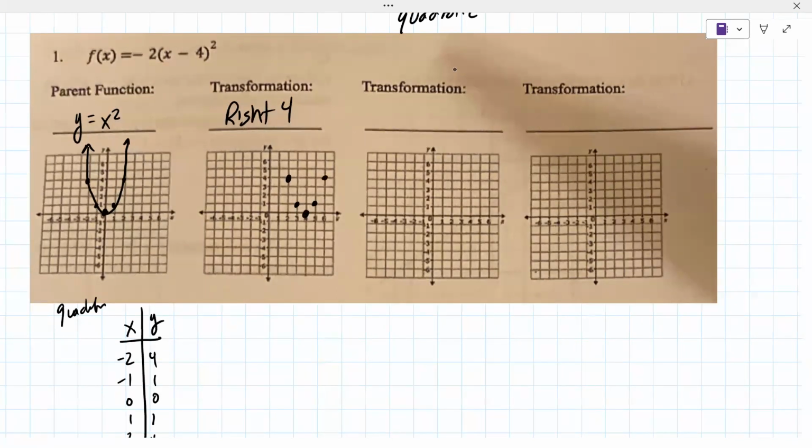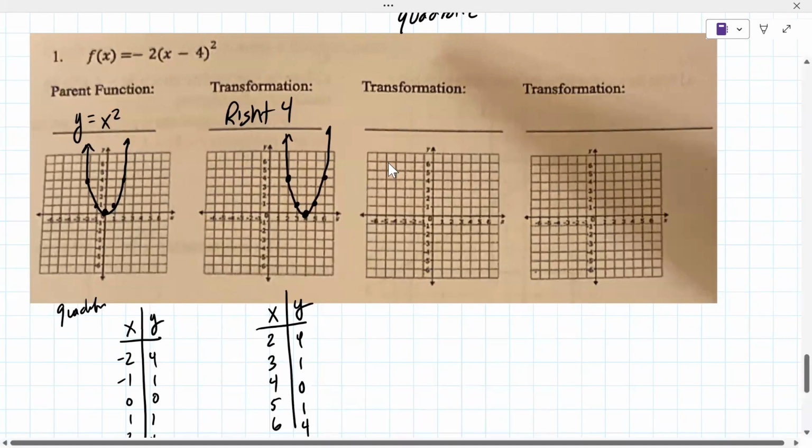It depends on what your instructor wants. But right 4 only affects the x values. You're adding 4 to all the x values. The y values are unchanged. So therefore it just moves over 4 units to the right.